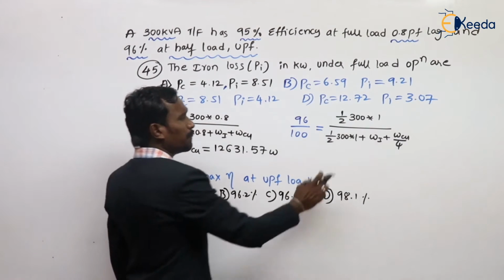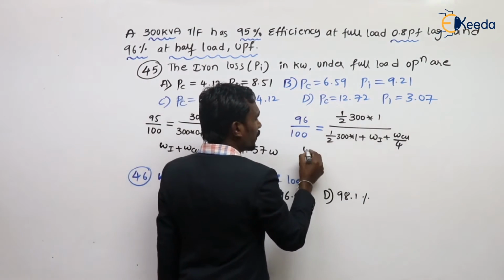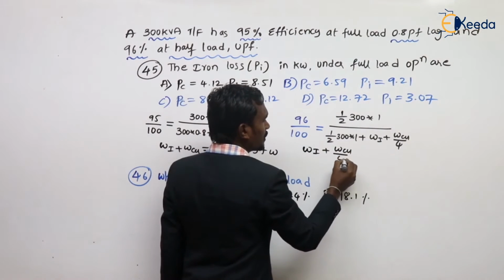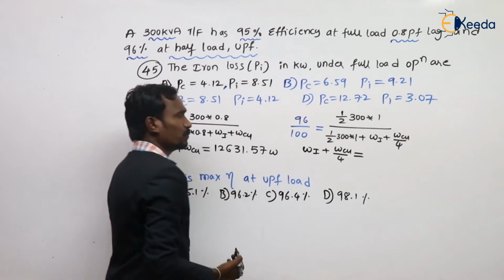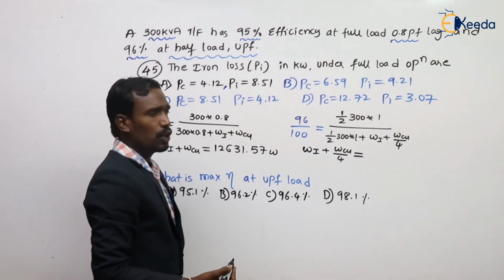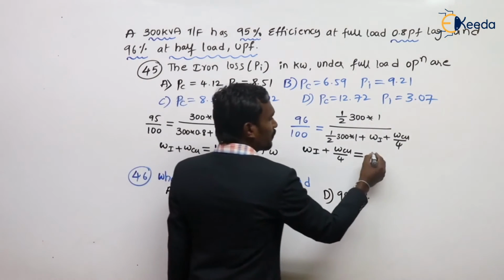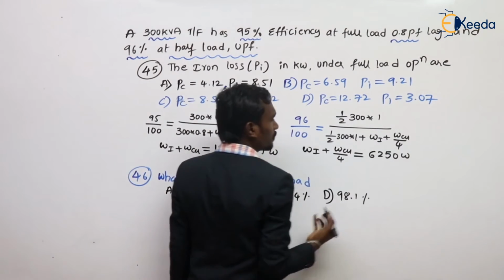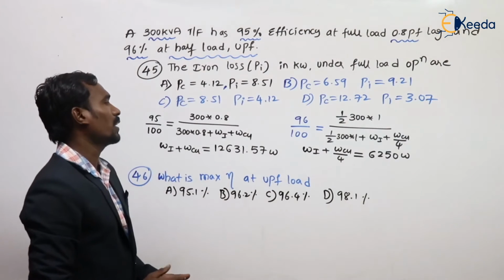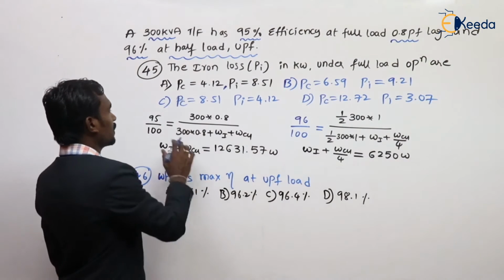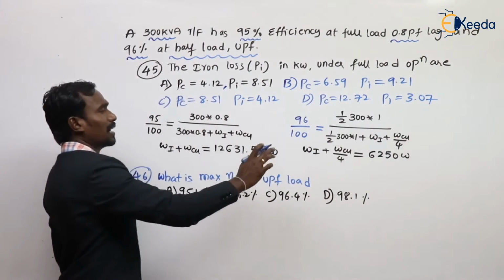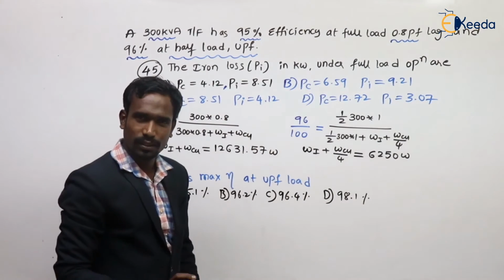Now simplify this and you get iron losses plus copper losses by 4 is equal to 6250 watts. This is at full load and this is at half load, and so we got two equations in iron and copper losses.